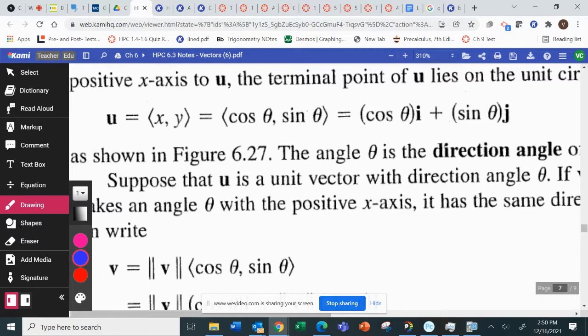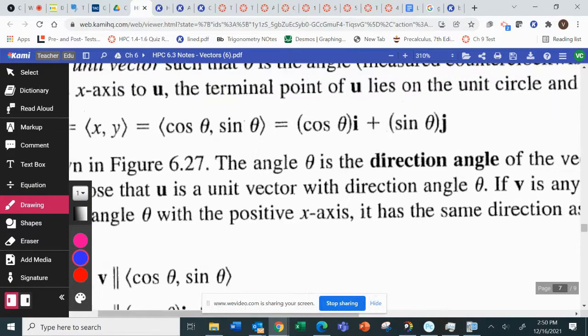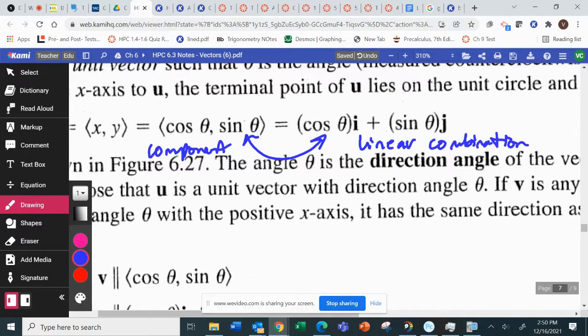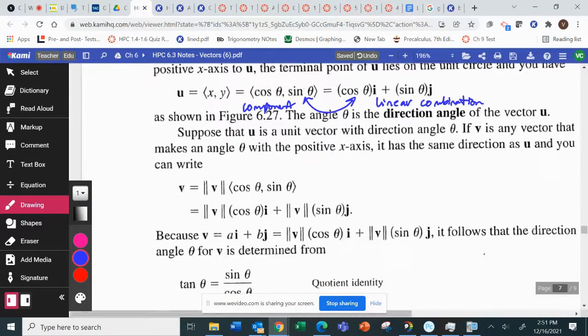So we can just rewrite it that way. We can also write it in linear combination: cosine theta i plus sine theta j. So remember, these are the exact same thing. This is component form, and this is linear combination, but they're the exact same thing.